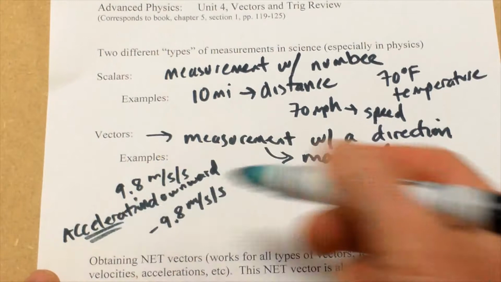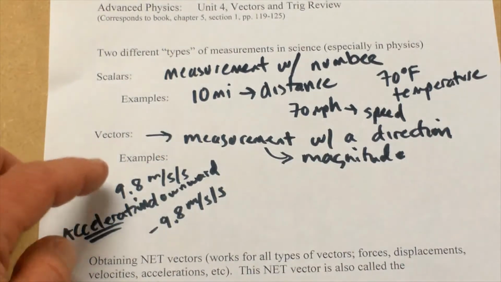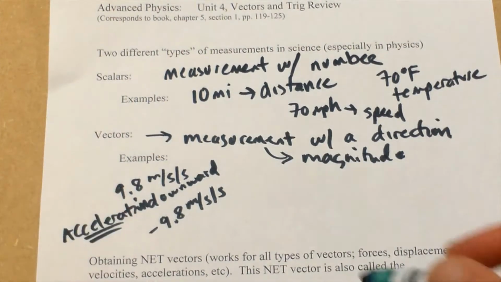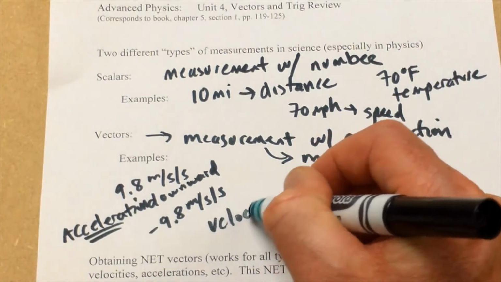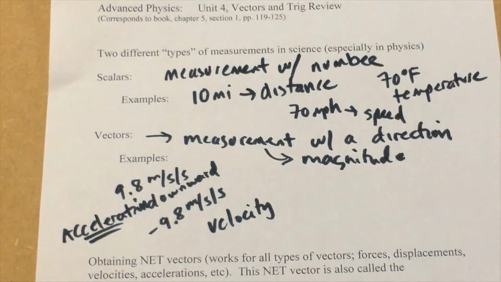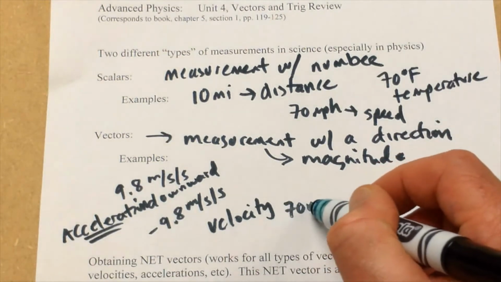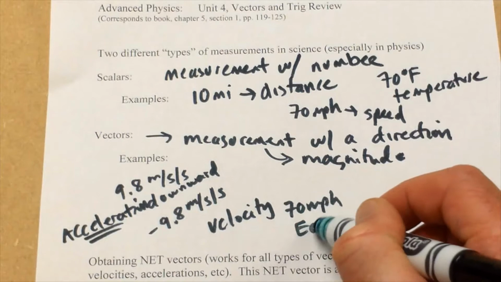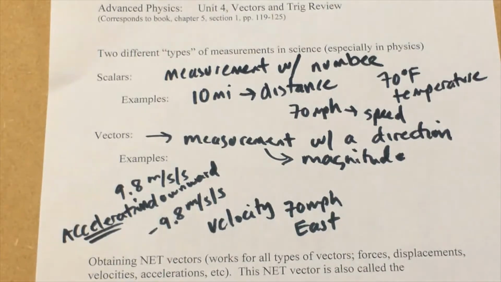Acceleration then is a vector. It needs a number and a direction. Velocity is also a vector. Velocity, we might say, I drove at 70 miles per hour east of Lawrence. The east is the direction.